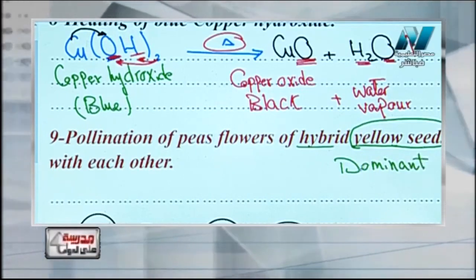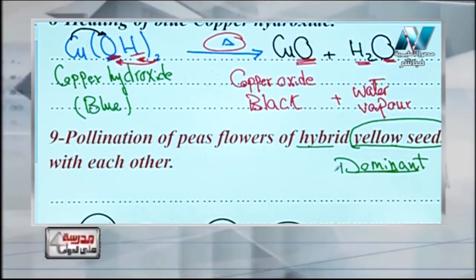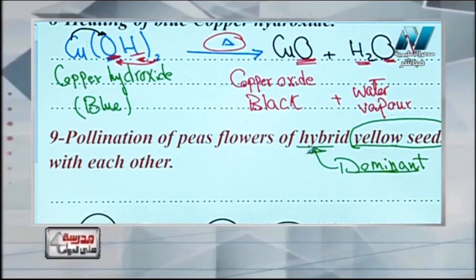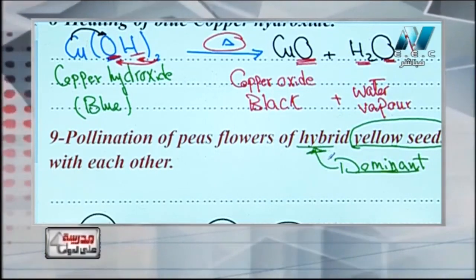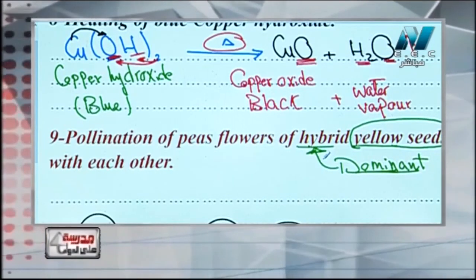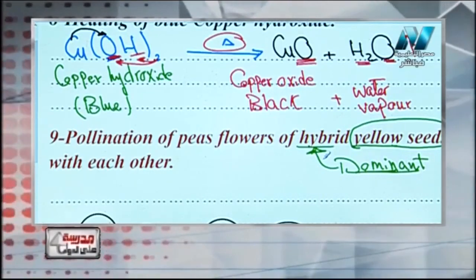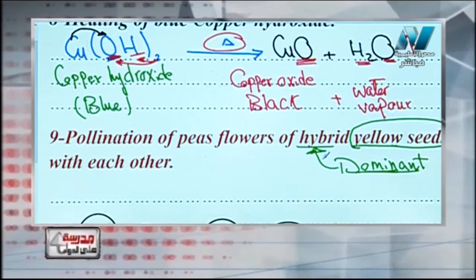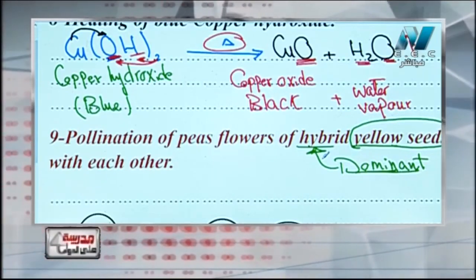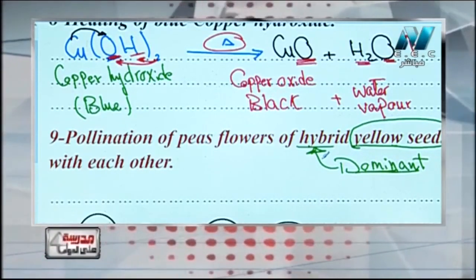And we know dominant trait appears if the gene is pure or hybrid. And dominant trait represented by capital letter if it pure. If the dominant trait is hybrid, we represent the dominant trait by 1 capital 1 small.